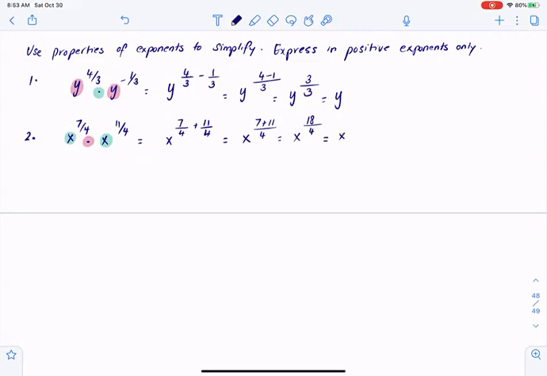That would give us x raised to 9/2. Certainly, I can simplify this further. You may not be able to see it right away, but we can use one of the tricks that we learned previously, writing it in terms of a radical expression.